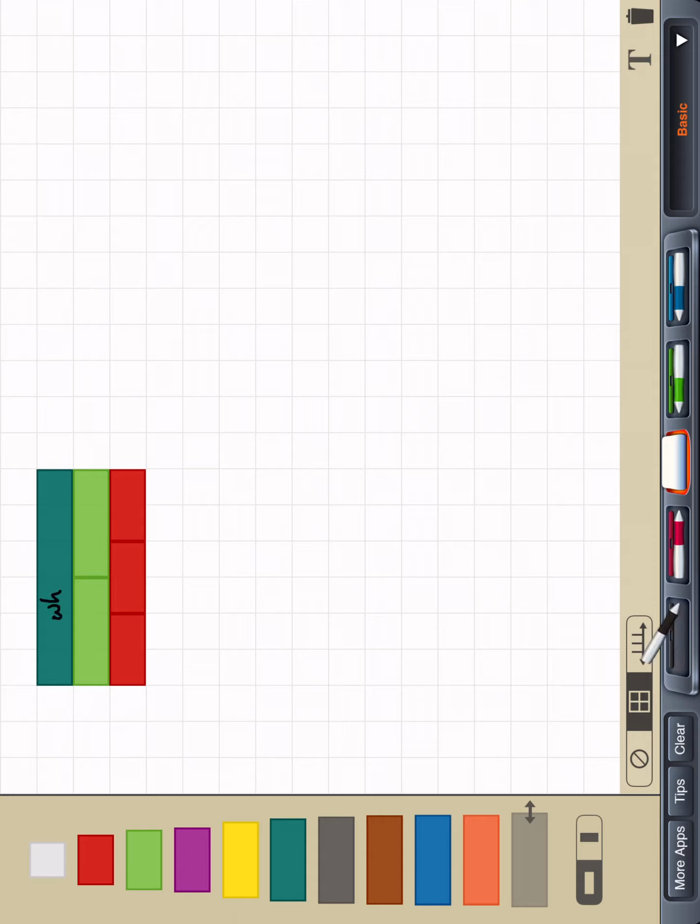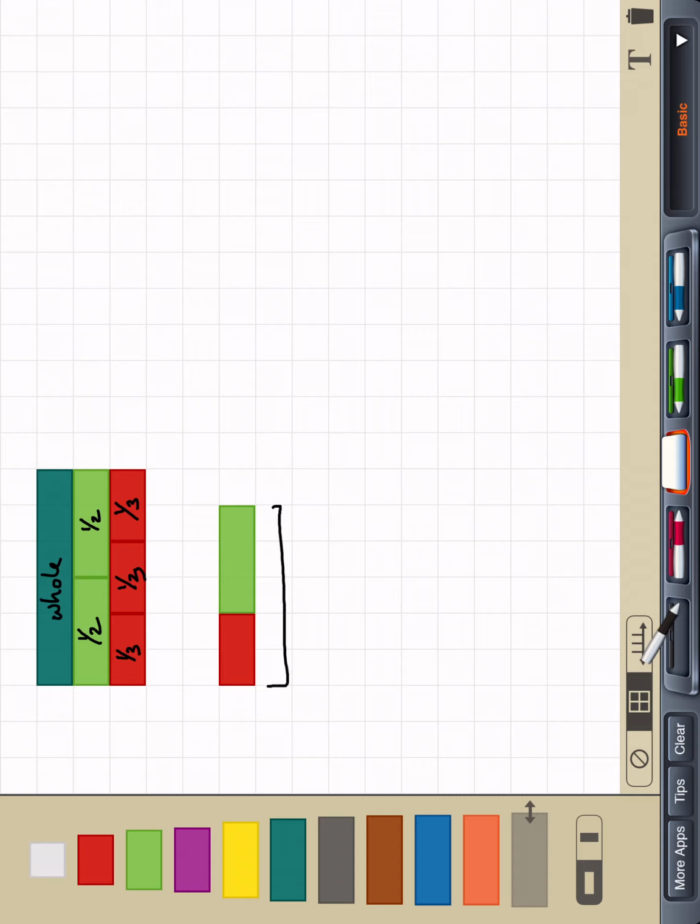So this is the whole, 1/2 and 1/2. It takes 2 of those to fill the whole, and it takes 3 of the red ones to fill the whole. And I need to figure out what 1/2 plus a third is. So what is 1/2 plus a third?